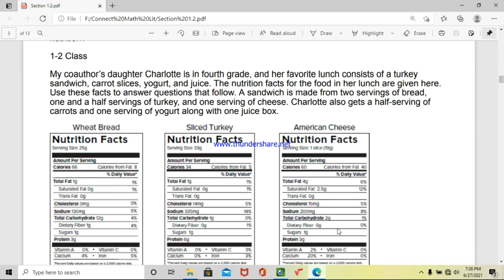Charlo also gets half serving of carrot. Okay. 1 serving of yogurt.